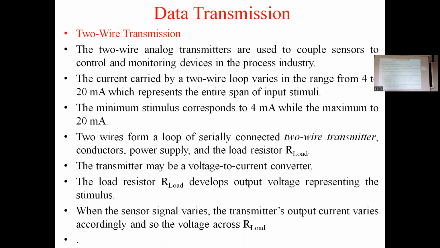So the two wire forms a loop of serially connected two wire transmitter, conductor, power supply and the load resistor RL.